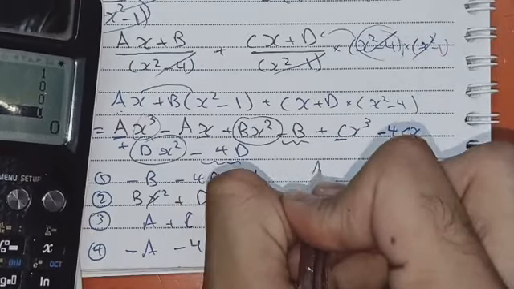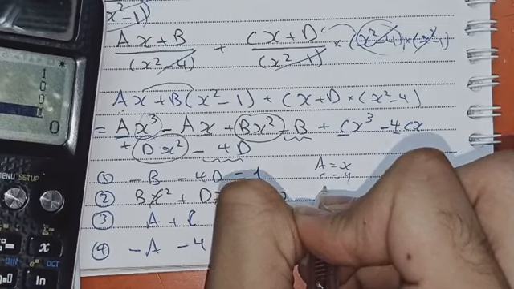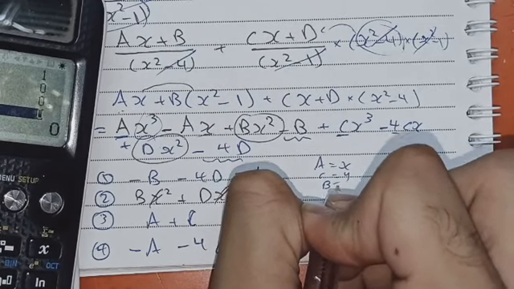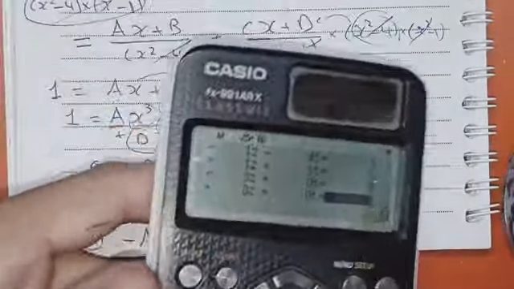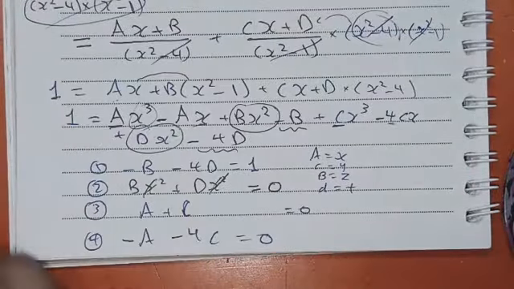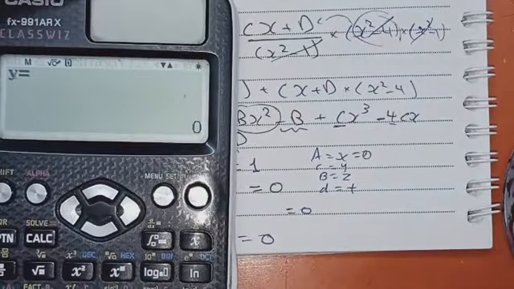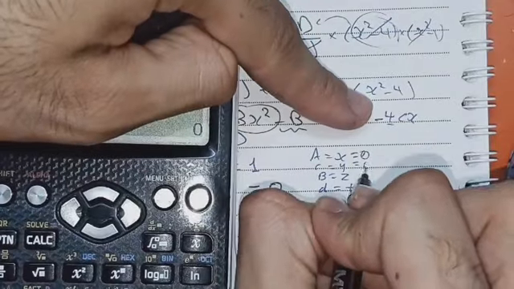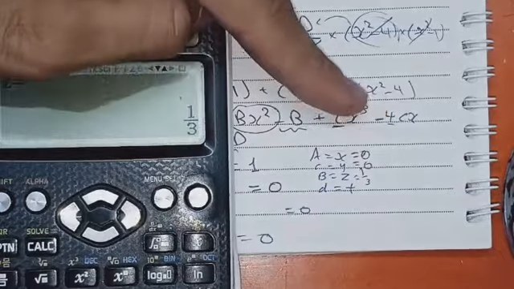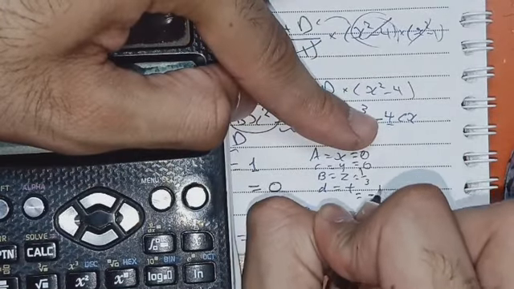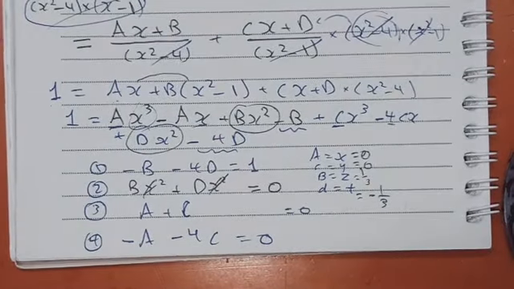I will have a equal x, c equal y, b equal z, d equal t. Okay, we'll see. We have a equal to 0 and c equal to 0 and b equal to 1 over 3 and d equal to negative 1 over 3.